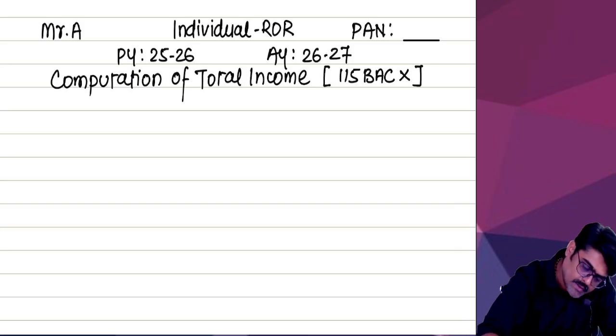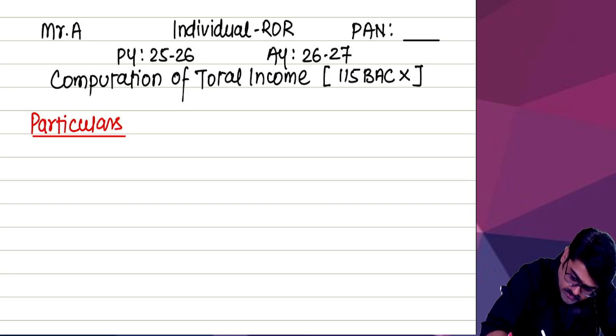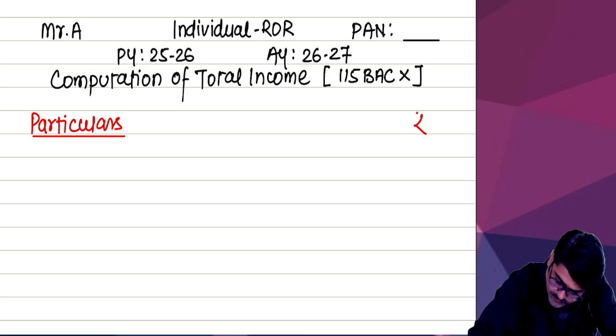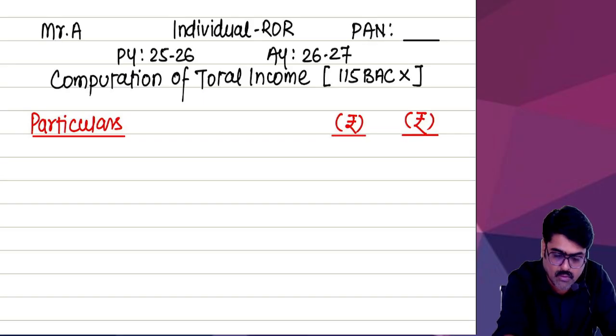Done, sir? Now, particulars, then 2 columns for rupees. What are you going to do now? Come on, tell me.